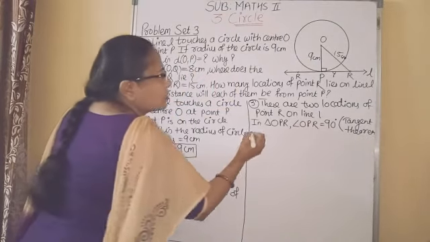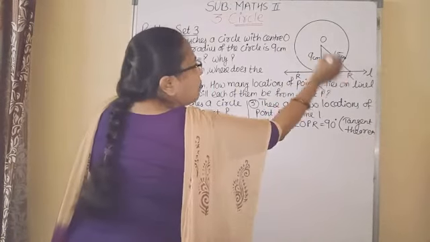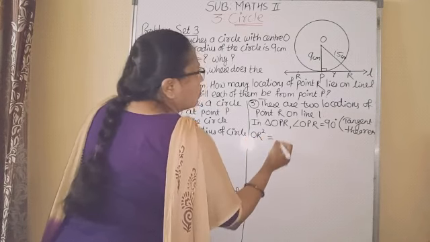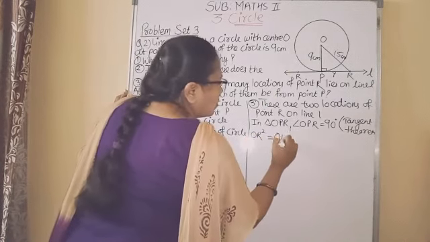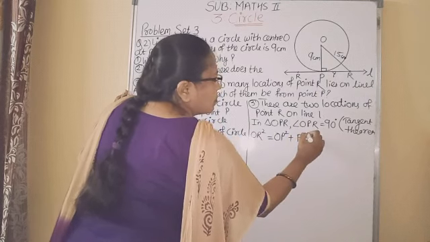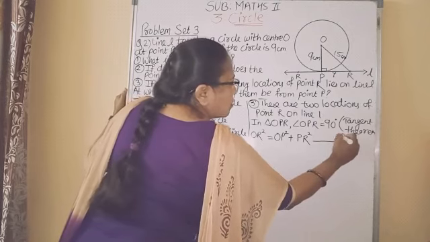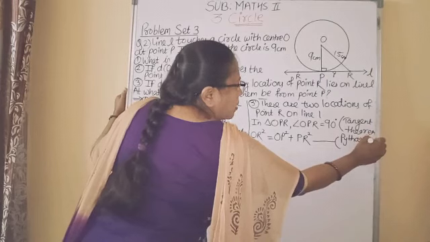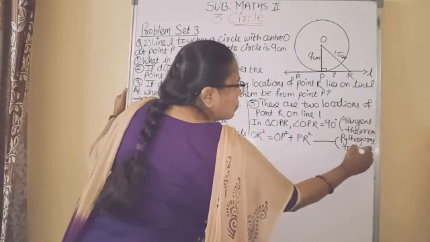So by Pythagoras theorem, OR is the hypotenuse. So OR square is equal to OP square plus PR square. And the reason is Pythagoras theorem.